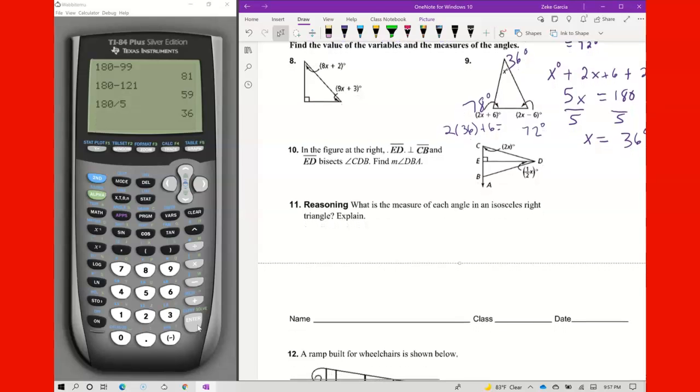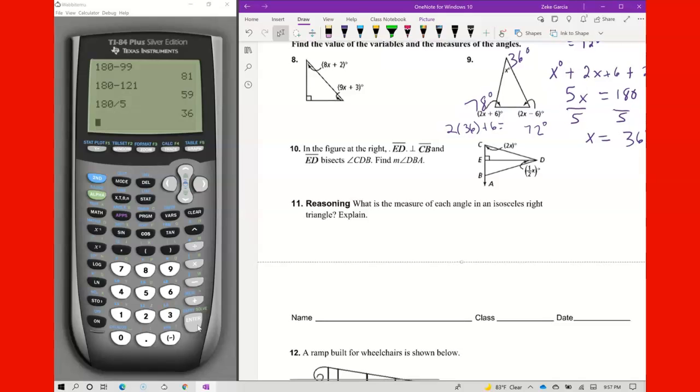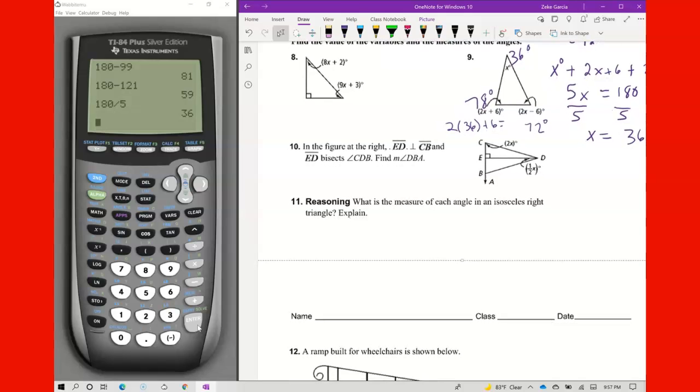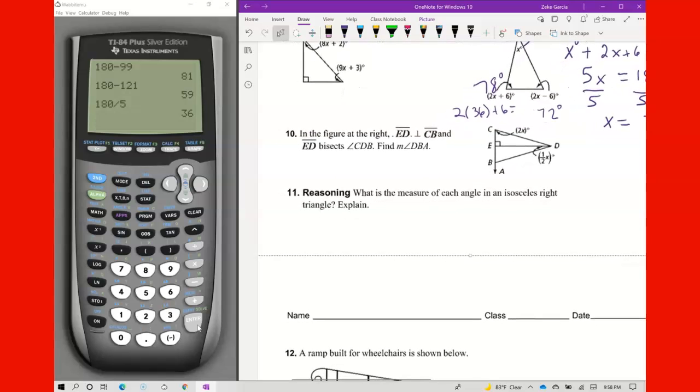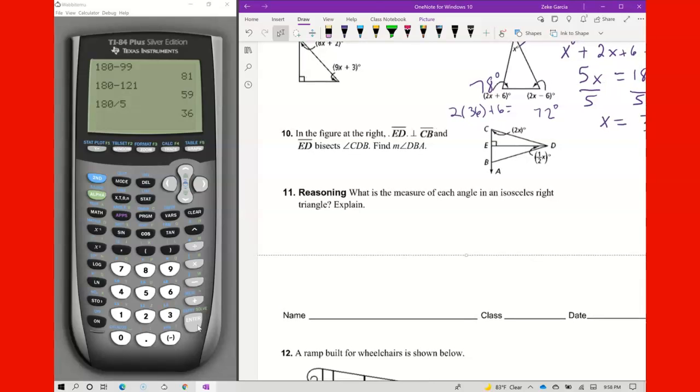Number 10, you have 2x plus 90 plus the 1/2 x. And it's giving you a figure of line segment ED that is perpendicular to CB.